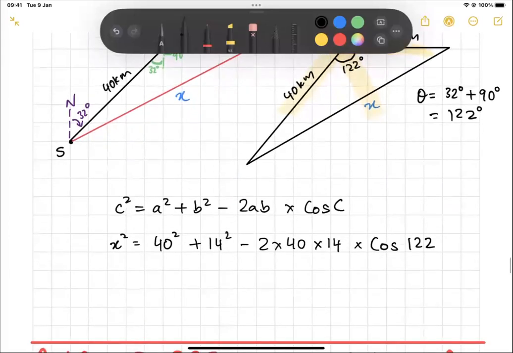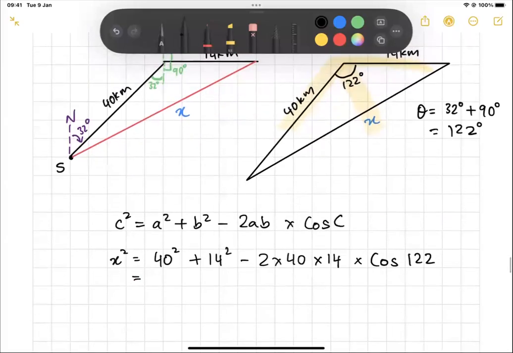Let's put that into our calculator, and it should get us to 2,389.509276. I need x to be by itself, so I need to square root that.